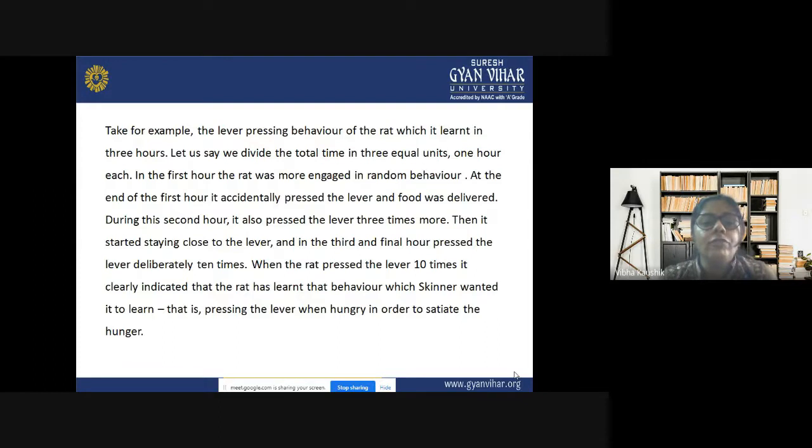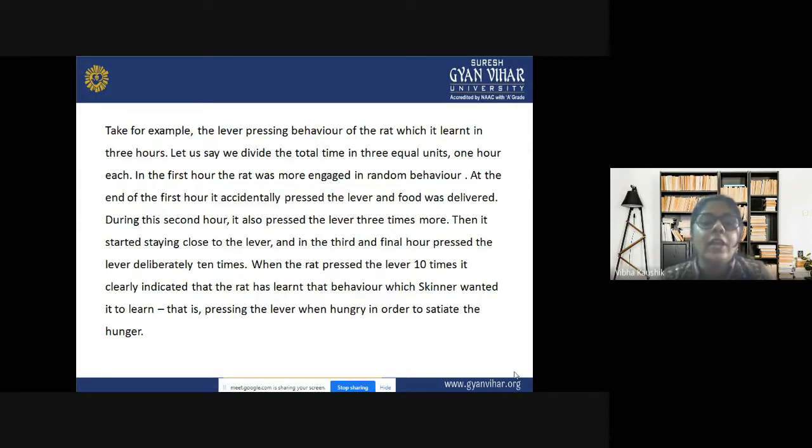At the end of the first hour, the rat accidentally pressed the lever and got the food, and food was delivered. In the second hour, he pressed the lever 3 times more than the first hour.